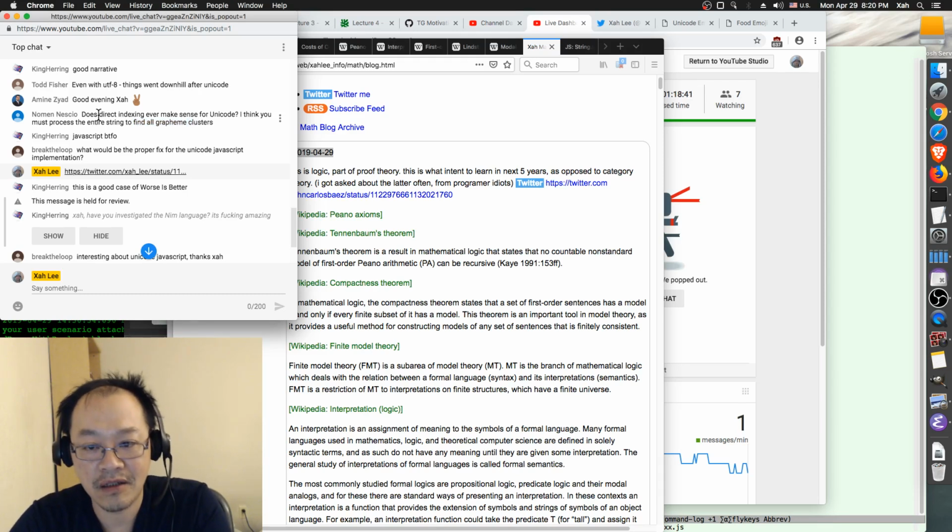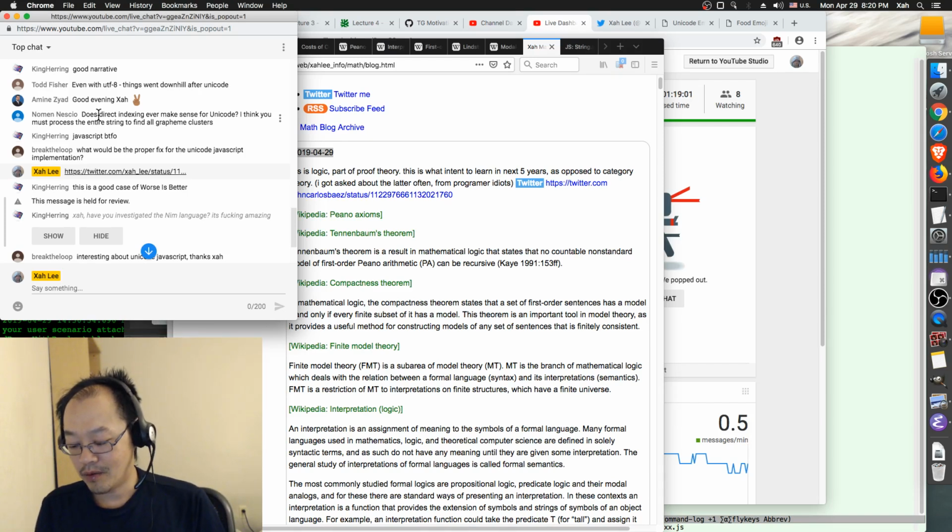Norman asked, does direct indexing ever make sense for Unicode? I think you must process the entire string to find all grapheme clusters. I think yes and no, depending on what you mean. I think what you are asking is a more complicated problem.